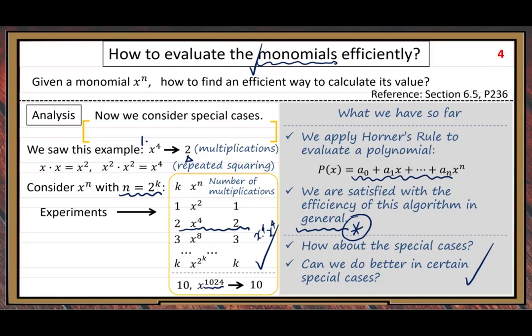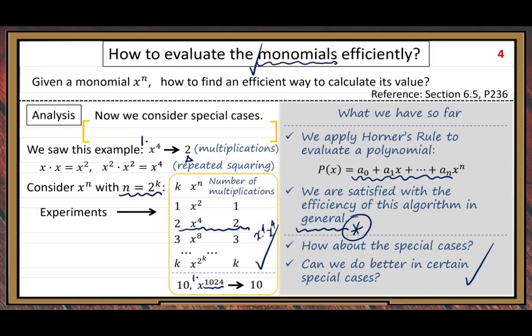Now, let's go back to look at Horner's rule. If I ask you to apply Horner's rule to calculate this monomial, how many multiplications do you need? See? n minus 1, right? Because the degree of this monomial is n, and its leading coefficient is 1. Remember, when the leading coefficient is 1, we can save 1 multiplication from Horner's rule.